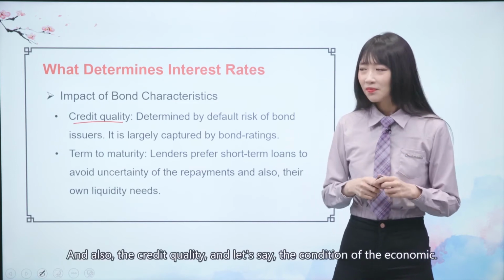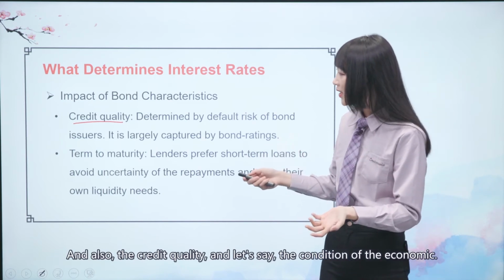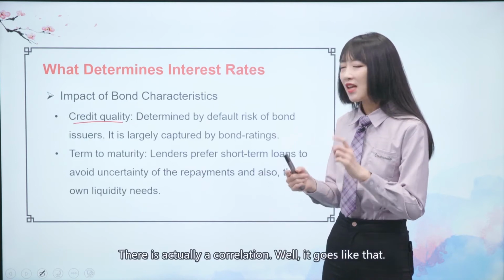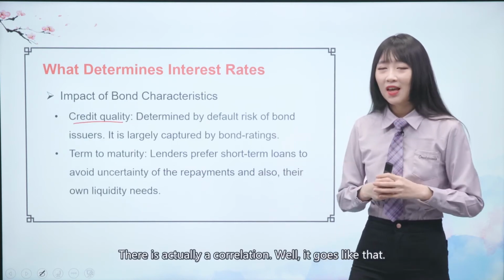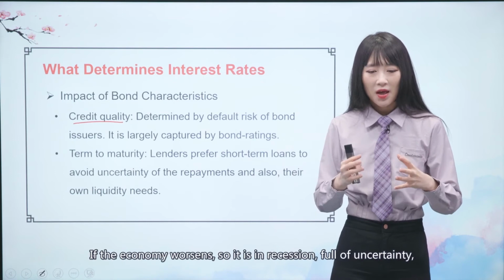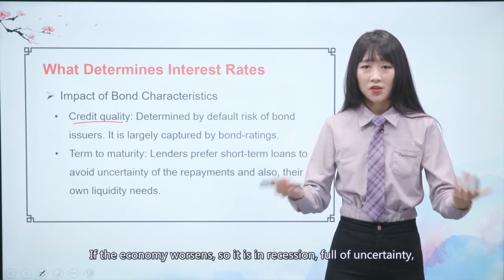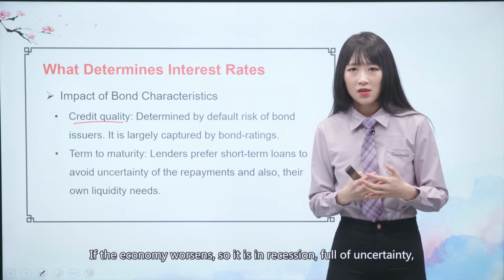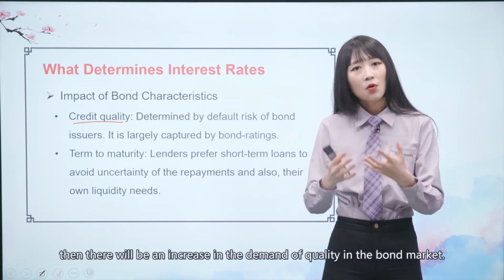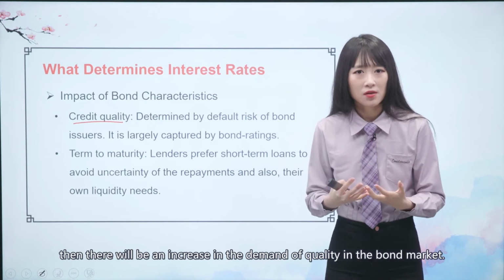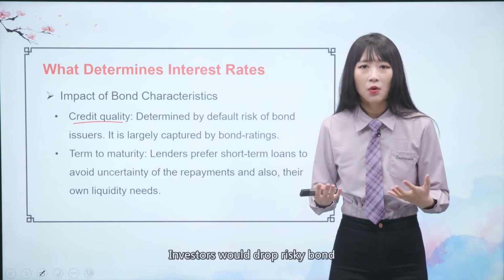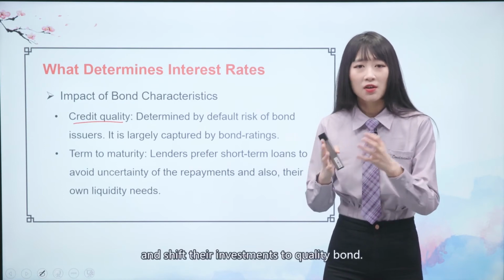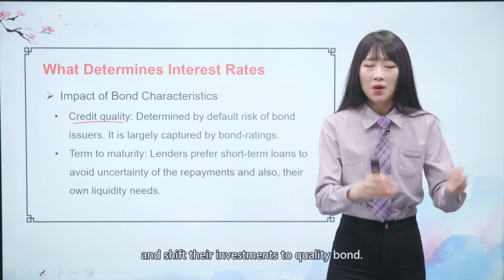And also, between credit quality and the condition of the economy, there's actually a correlation. Well, it goes like this. If the economy worsens, so it is in recession and full of uncertainty, then there will be an increase in the demand for quality in the bond market. So investors would drop risky bonds and shift their investments to quality bonds.